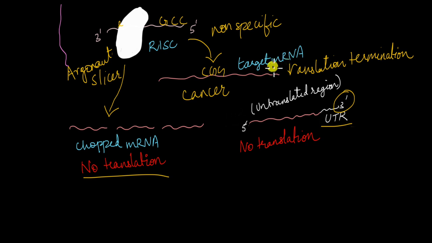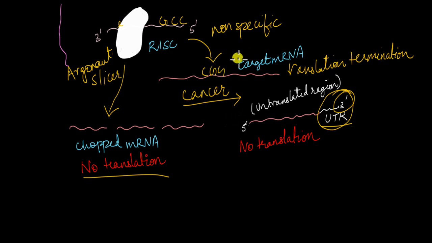So these mRNAs have been formed from mutated oncogenes or DNA repair genes, and now if proteins are produced from this mRNA, it's not going to be able to regulate the cell cycle and cell division or contact inhibition. So those proteins that can lead to cancer can be prevented from being produced when the miRNA binds to the 3' UTR region of those target mRNAs.